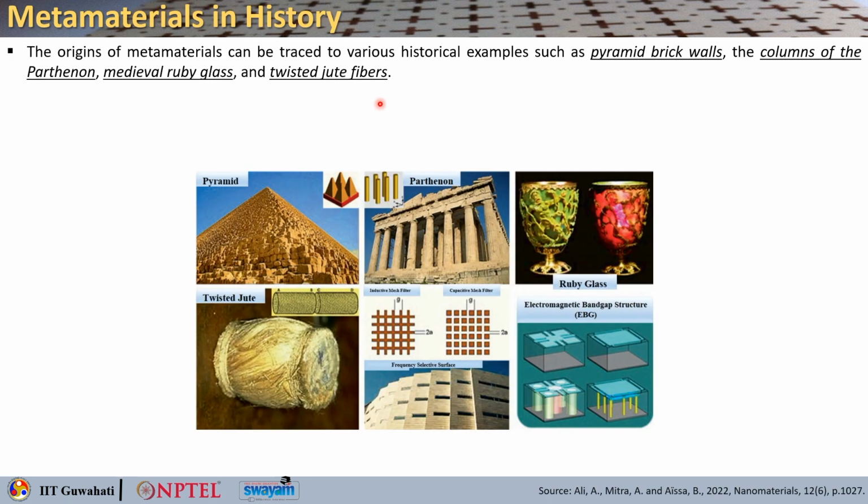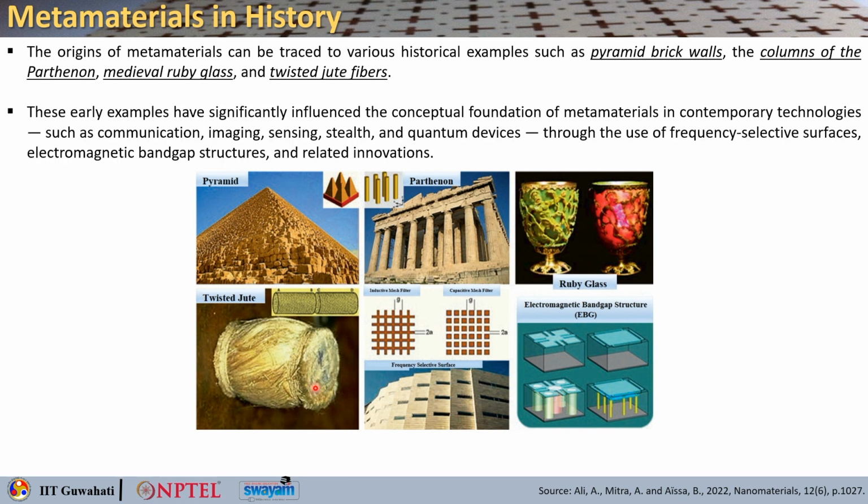So, the origin of metamaterials can be traced to various historical examples such as pyramid brick walls, the columns of the Parthenon, medieval ruby glass and also twisted jute fibers.